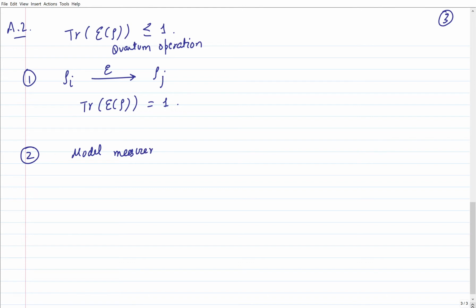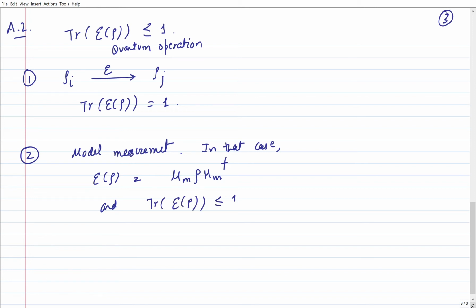I can do a lot more. I can sort of trace out the environment. I can do all sorts of things, but these were the two things which were sort of popular. And in that case, we have seen that I have got these measurement operators. E of rho was given by some measurement operators, this guy, and in this scenario I had trace of E of rho less than or equal to 1.